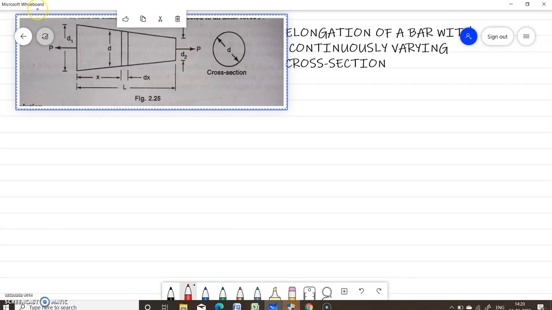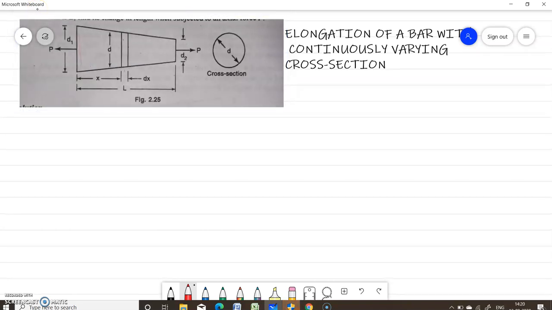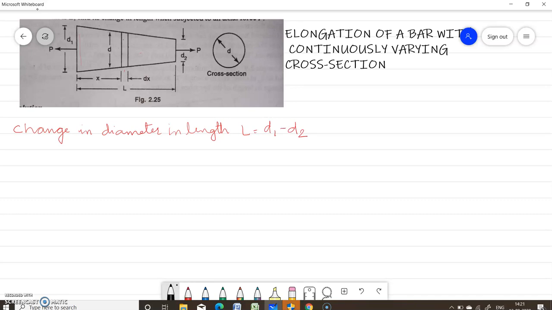So the change in diameter in length L is equal to D1 minus D2.